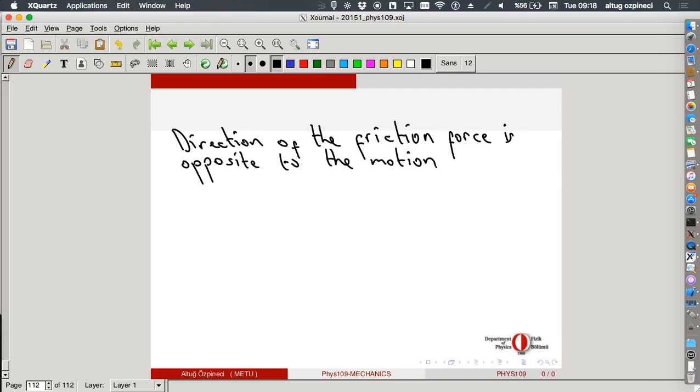So if we are moving in the plus x direction, it was natural to expect the friction force to be in the negative direction. But the more correct expression is the motion of the surfaces. This is the critical difference.